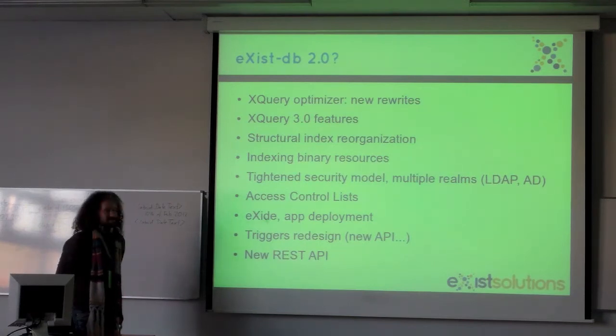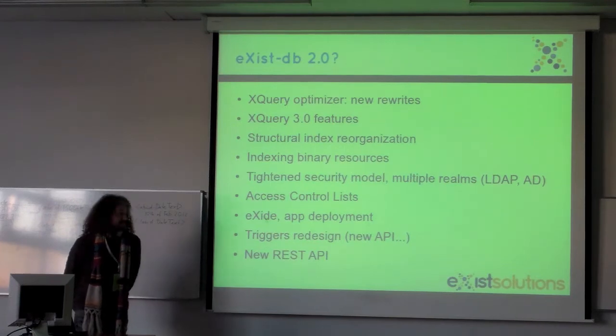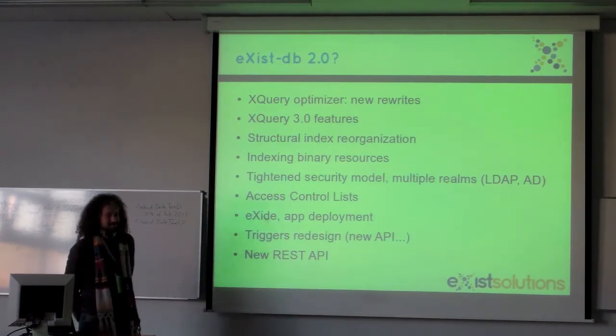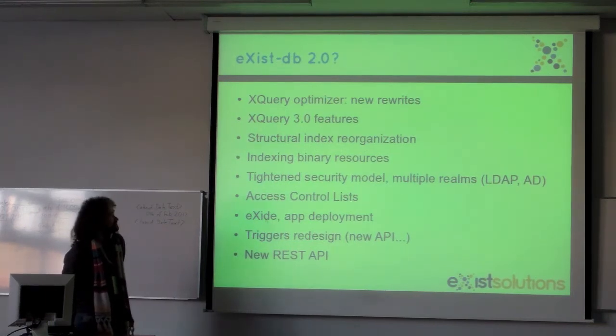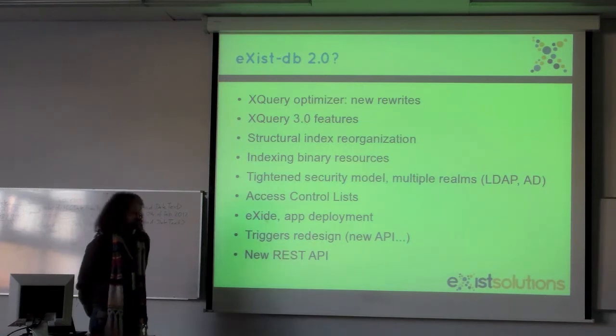Then there are lots of XQuery 3.0 features which are now in eXist as well, and which are really useful when you have to write applications. So things like higher order functions or switch case statements, try catch and all that stuff. That's new.